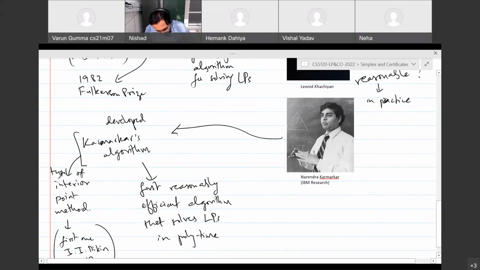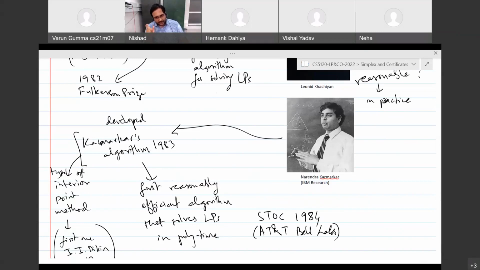When he published the algorithm, it was published in STOC, which is one of the major conferences in theoretical CS, in 1984. And when he published it, he was already working at a different place, AT&T Bell Labs, also in the US, right? So in his publication, his affiliation shows as AT&T Bell Labs.